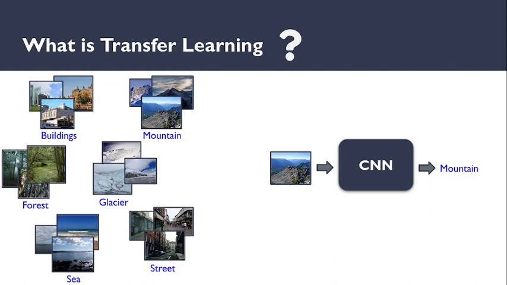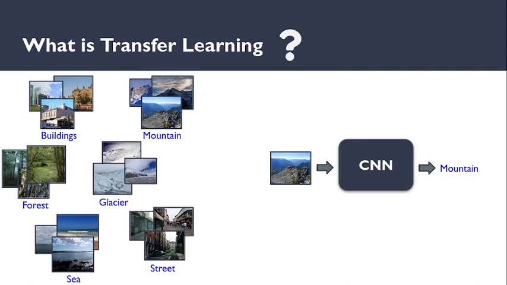But we need to know that a CNN contains millions of trainable parameters and we need millions of data to tune these weights. So obviously this is not possible using the limited custom dataset which consists of only thousands of images. So what we do is we use a pre-trained model which is trained with millions of images.